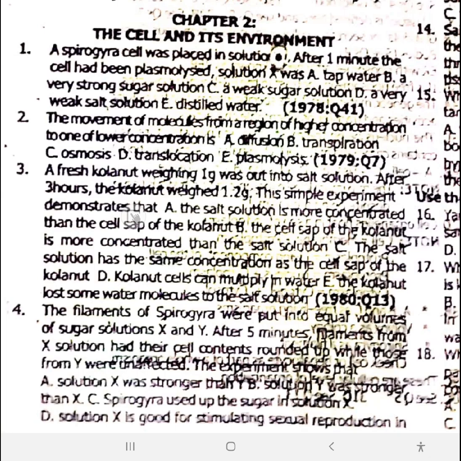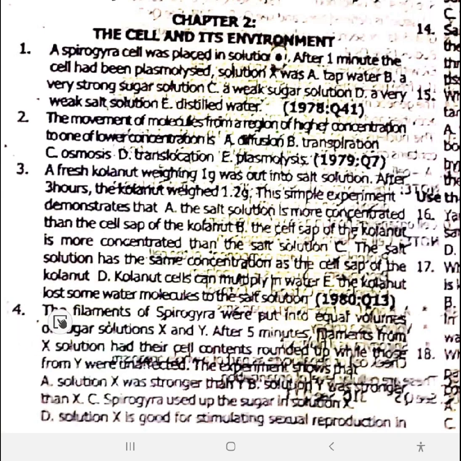Exosmosis means water moves out. Endosmosis means water moves inside the cell, just like this question now. They call it endosmosis because the kola nut has more strength than the water, so it absorbs the water.